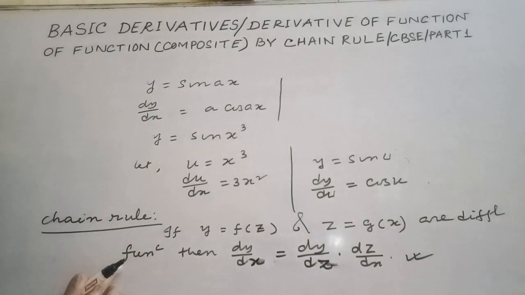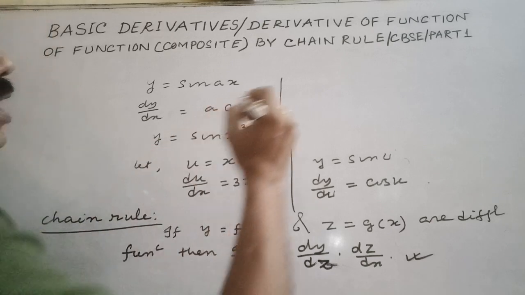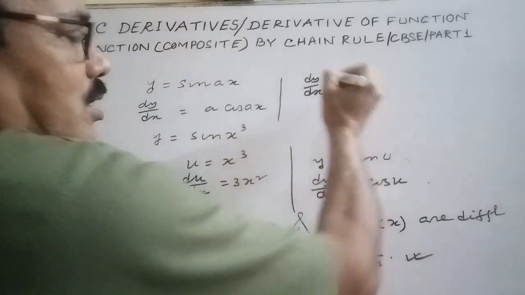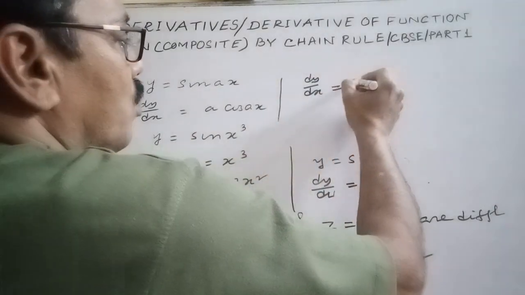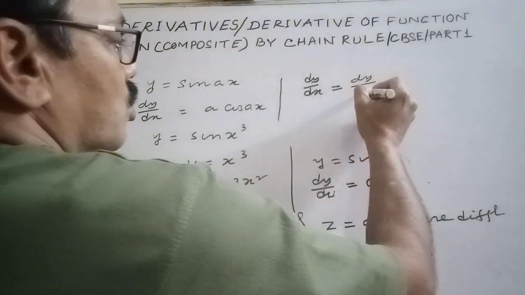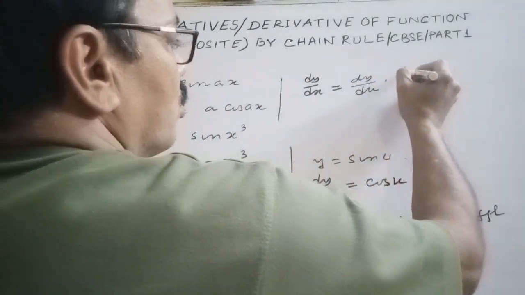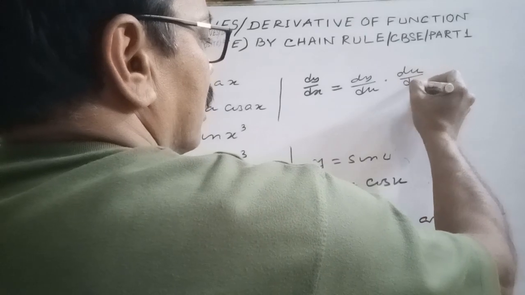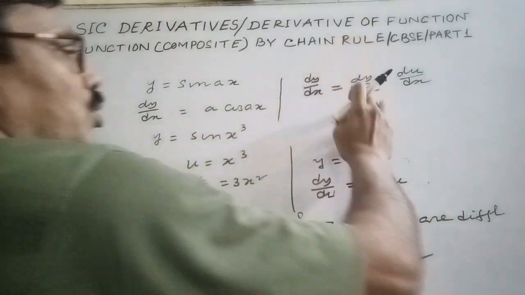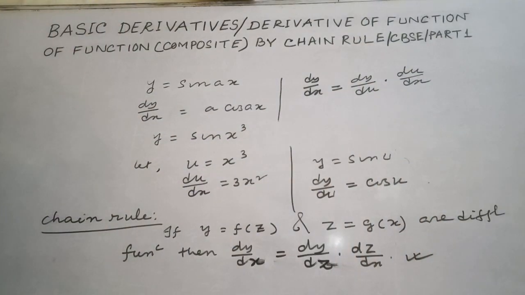So our main aim is to find dy by dx. So by chain rule, dy by dx equals dy by du into du by dx, as we have taken this as u. So this diagonal is the same. Dy by du into du by dx.